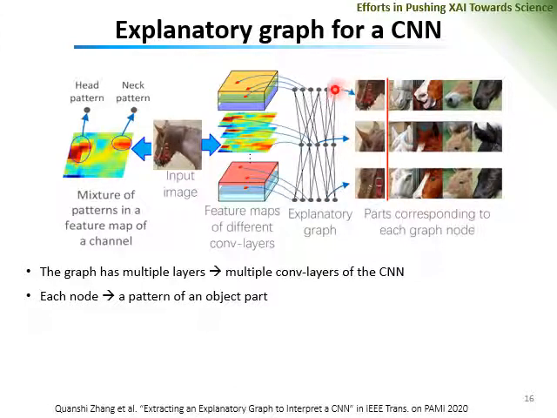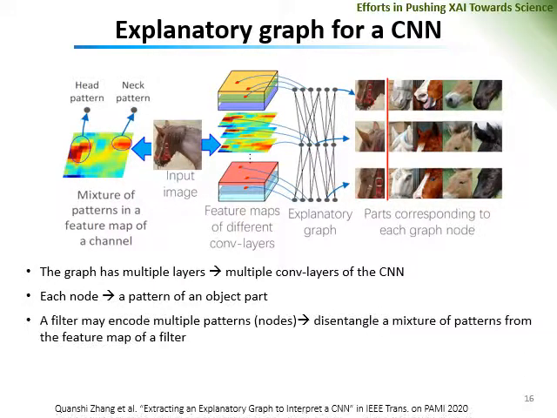For example, when this node triggers, it always represents the mouth of a horse, and this node always represents the ear of the horse. From a single filter, we may disentangle multiple different visual concepts.